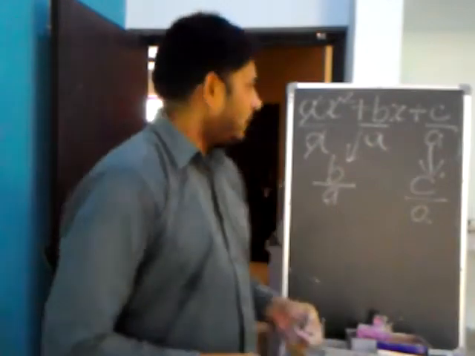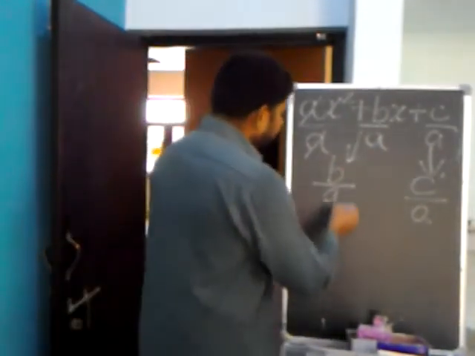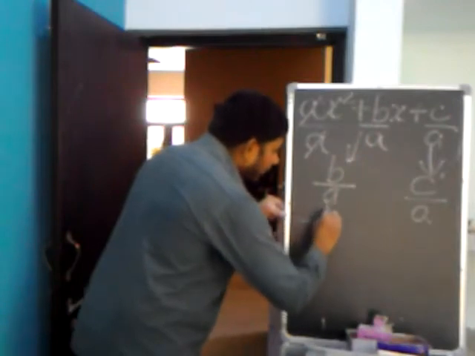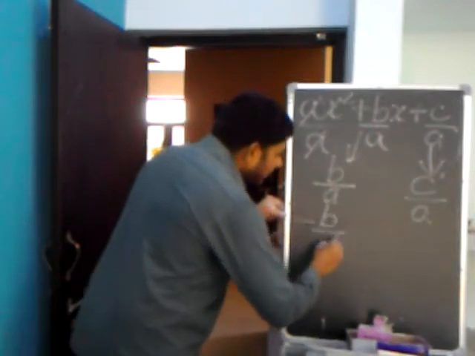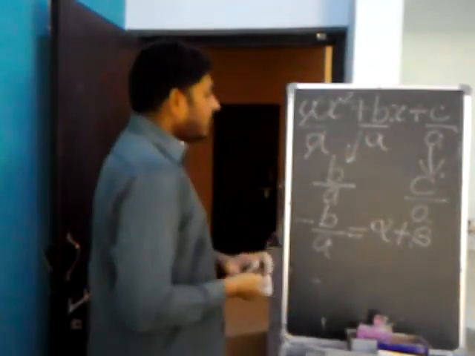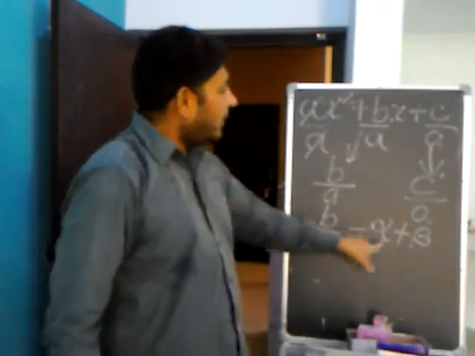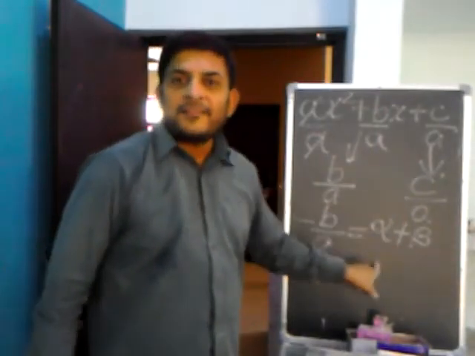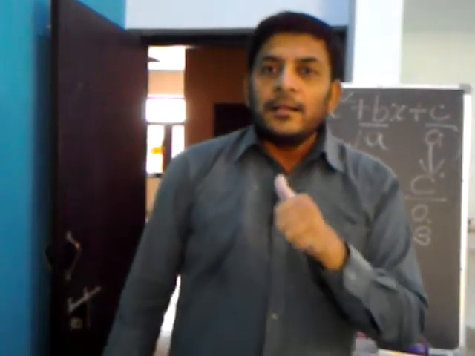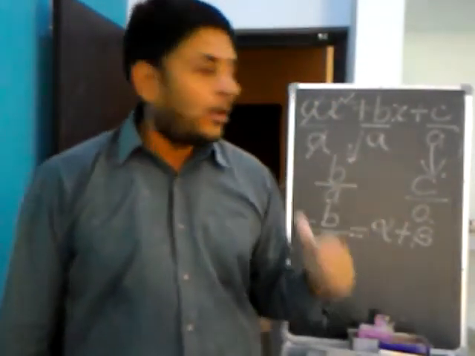Now what happens? Minus b upon a is equal to alpha plus beta, where alpha and beta are the zeros of the given polynomial.